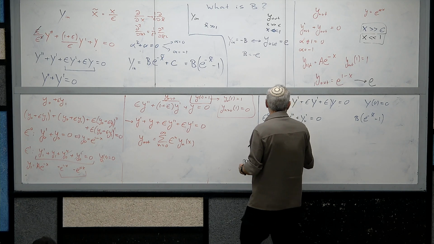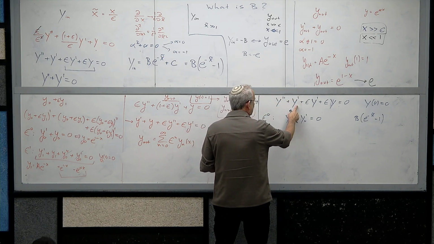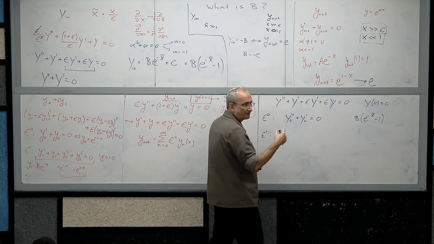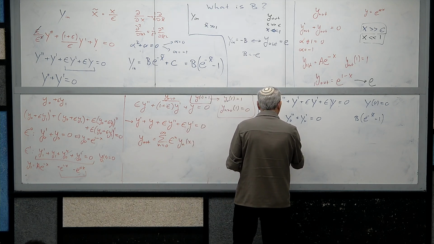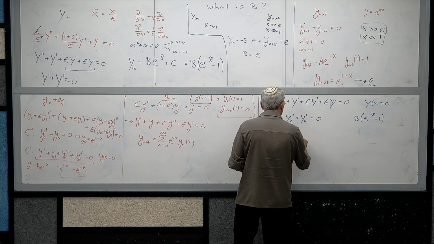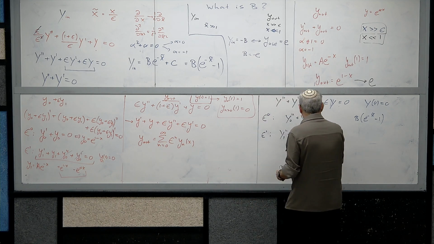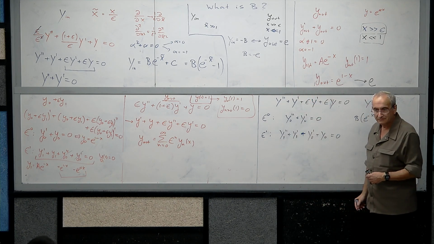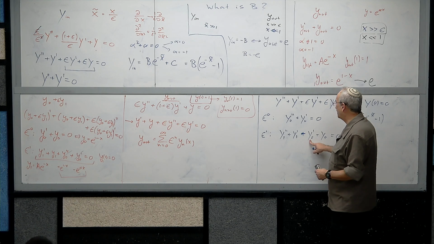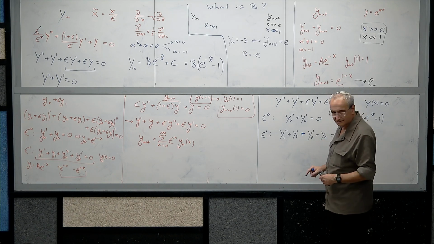I will get y1 double prime plus y1 prime plus y0 prime plus y0 equals 0.